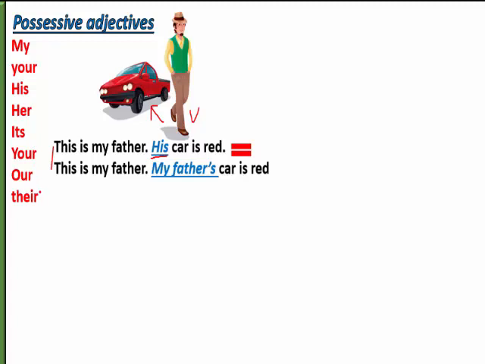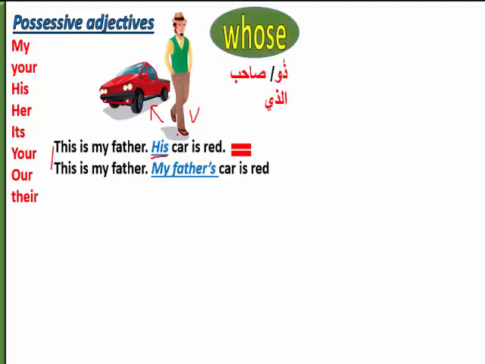Try to review these ones, because here we're going to use another relative pronoun, not who and not which. We're going to use whose. In Arabic, this is the meaning. In Arabic, they mean all of these, right? So how can we do this? How can we make it just one sentence using whose? Yes, very good. This is my father whose car is red.